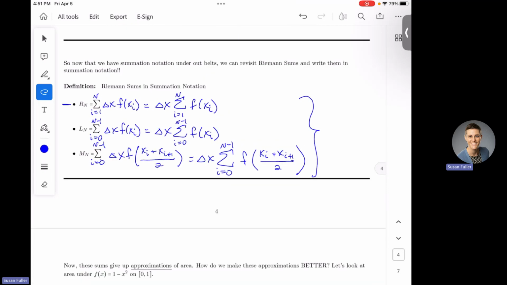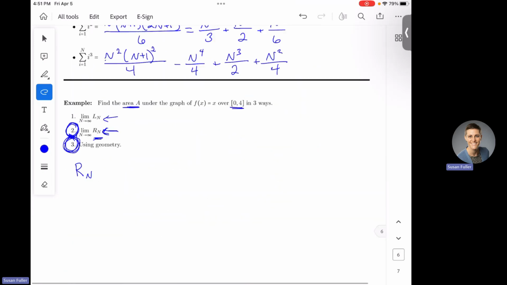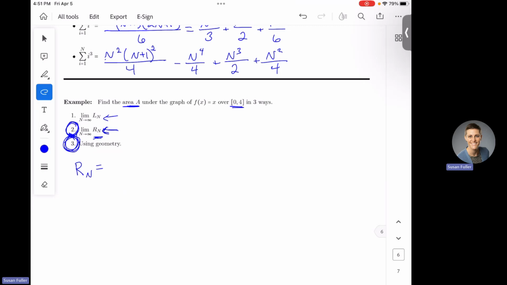And right here is our formula for R sub n. I'll just use this one with the delta x still in it. So my right Riemann sum with n intervals is the sum from i equals 1 to n of delta x times f of x sub i. So that's what my right Riemann sum looks like.